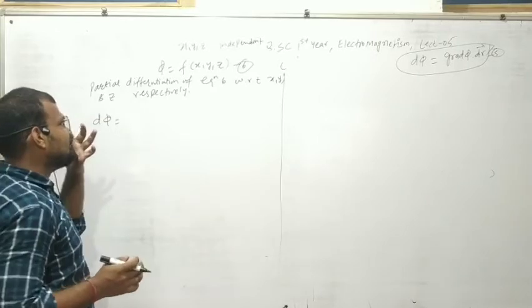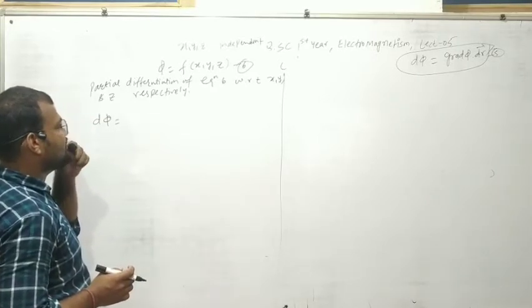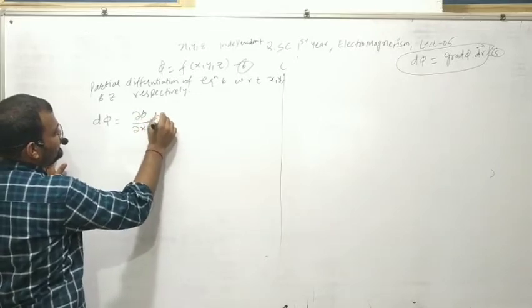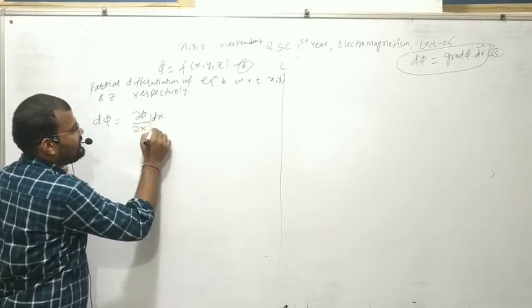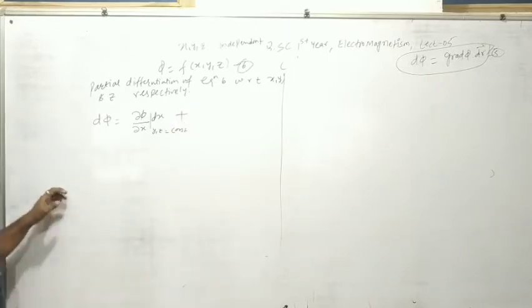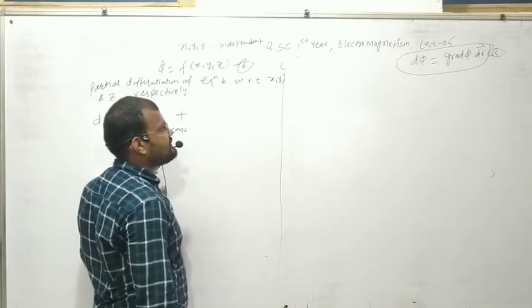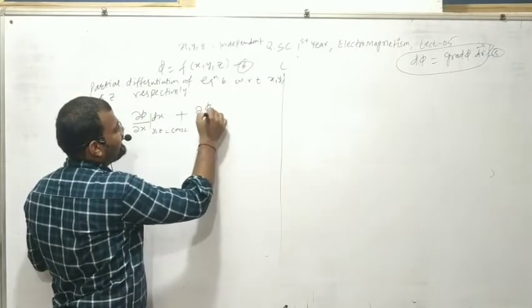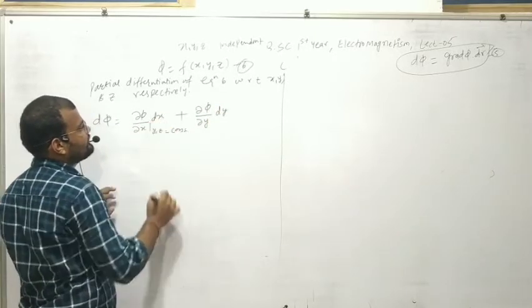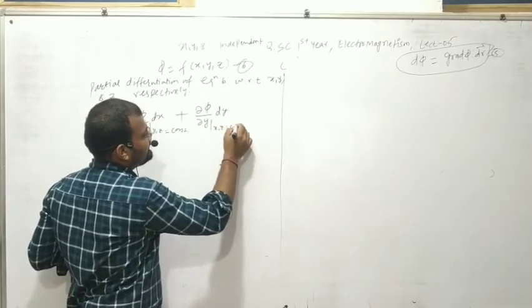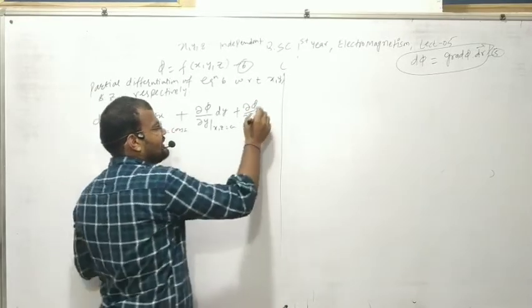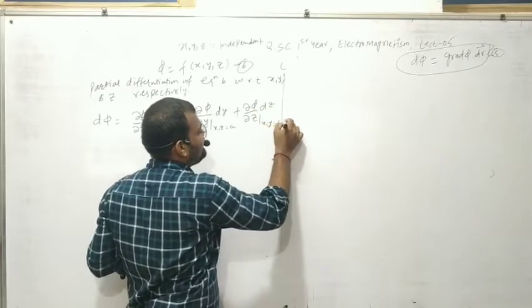So partial differentiation of equation number 6 with respect to x will be del phi over del x into dx, where y and z will be constant, plus, with respect to y, del phi over del y into dy, here x and z will be constant, plus, with respect to z, del phi over del z into dz, and here x and y will be constant.